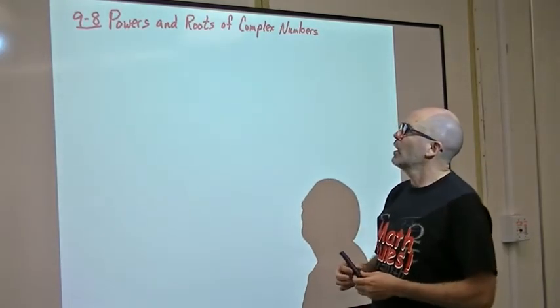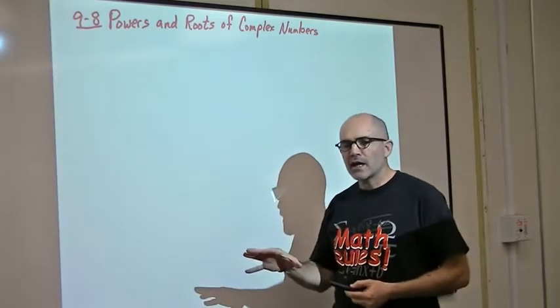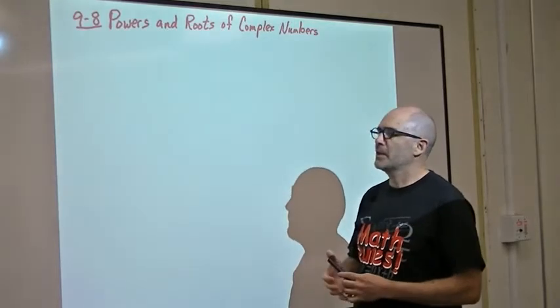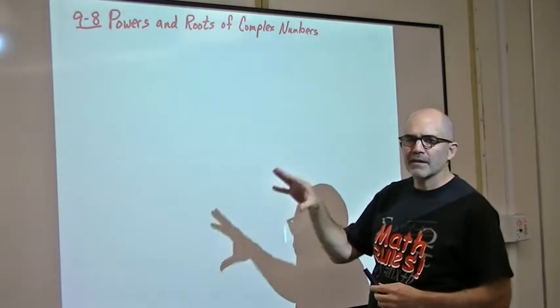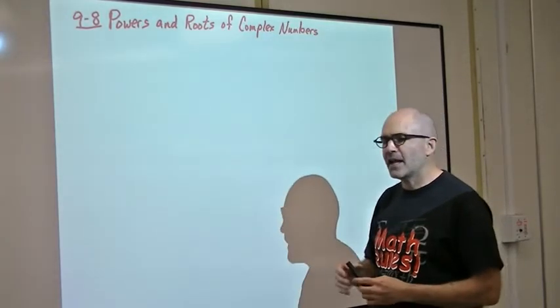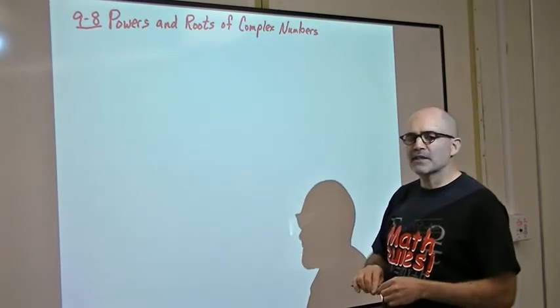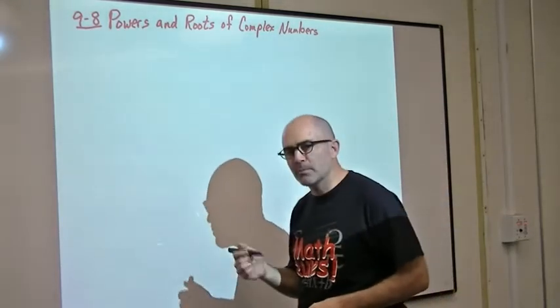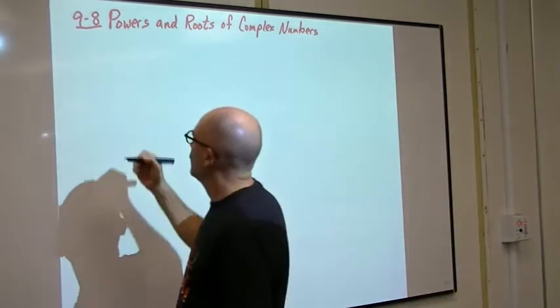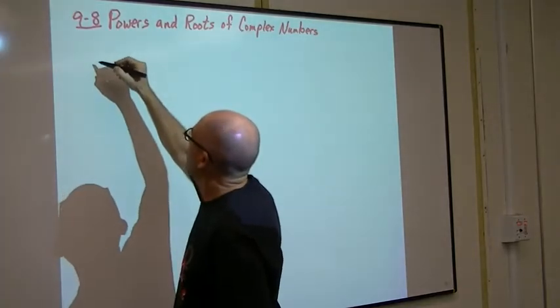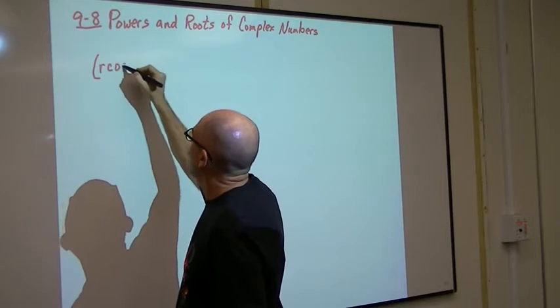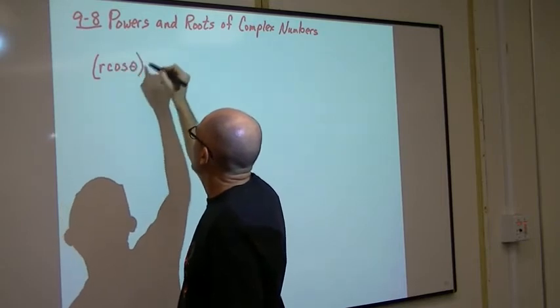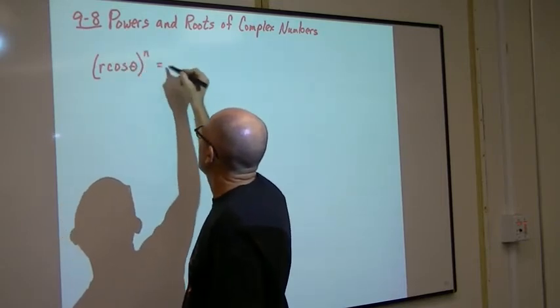Okay, so we've talked about products of complex numbers, basically meaning that you multiply the magnitudes and add the angles. So if I were to take a complex number in polar form to a power, let's say the nth power, so I have r cosine theta to the nth power.